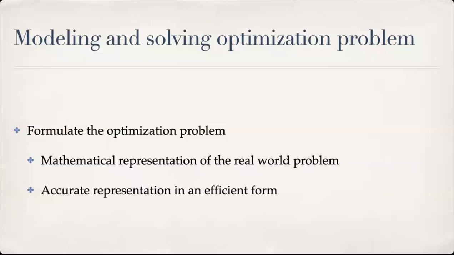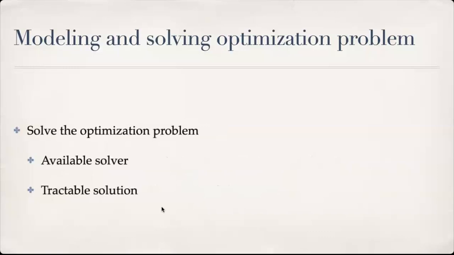And why do we need an efficient form? Most of the time, you have to trade off accurate representation with efficiency, because for an accurate representation, maybe your problem is very difficult to solve. Your function is very complex.